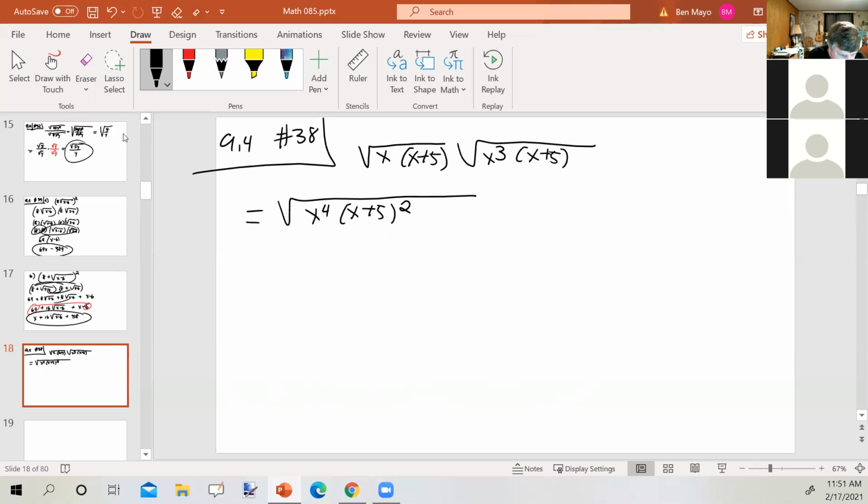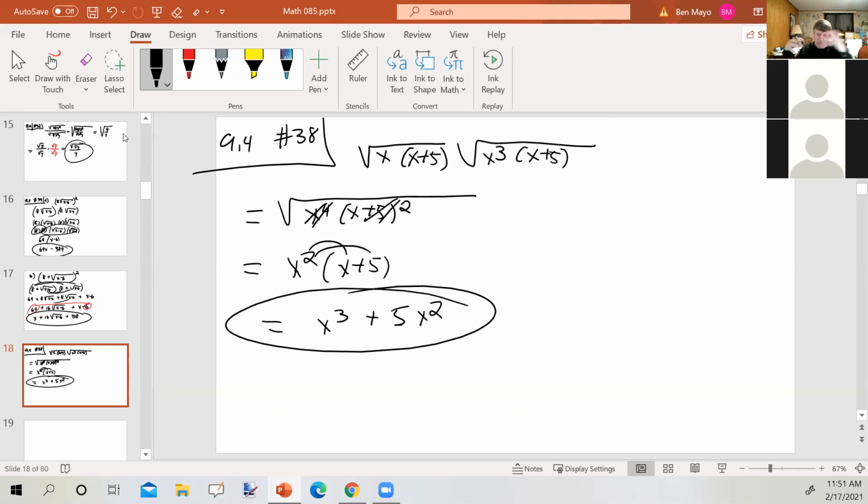I see what they did. Okay, so this is going to be x squared times x plus 5, because the square root of x to the fourth would be x squared. The square root of x plus 5 squared would be x plus 5, okay? But then we'd get x cubed plus 5x squared as our final answer, because you could FOIL or distribute that further.